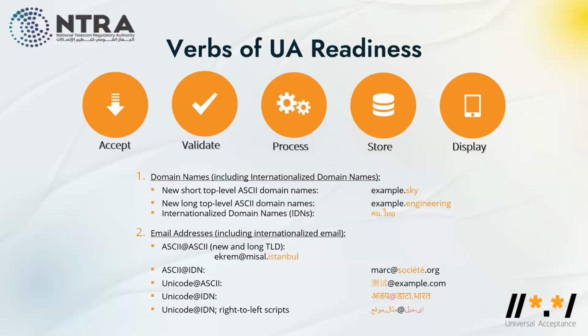Before going to the next slide on how to make your application universal acceptance ready, I need to review again the 5 verbs for universal acceptance readiness. The first one is accept.